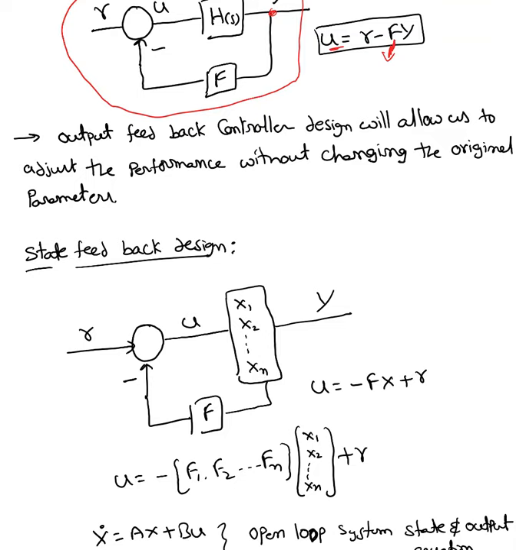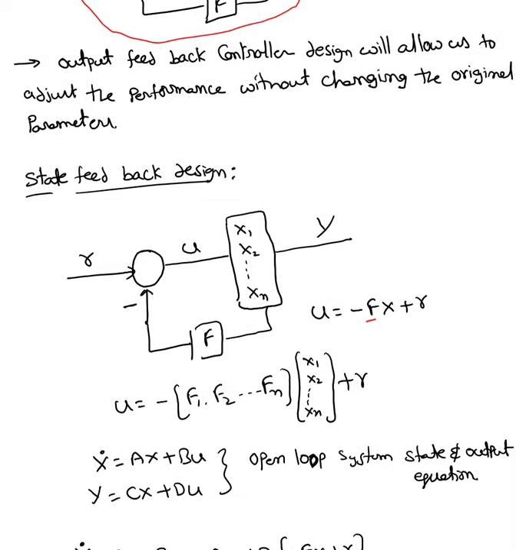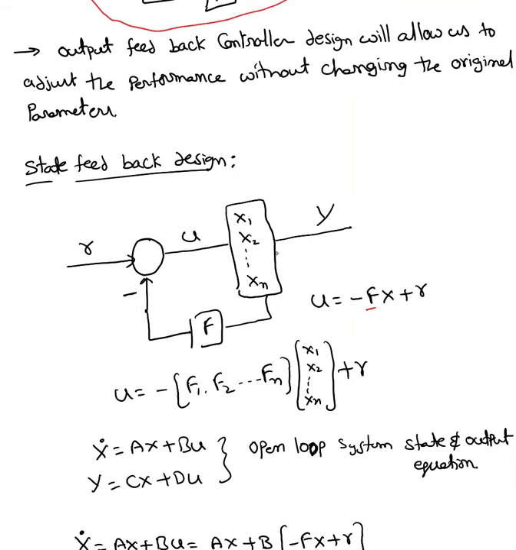So here u equal to minus fx plus r. F is the feedback, x is the state variable. If you have n number of state variables, then you will have n number of feedback parameters.